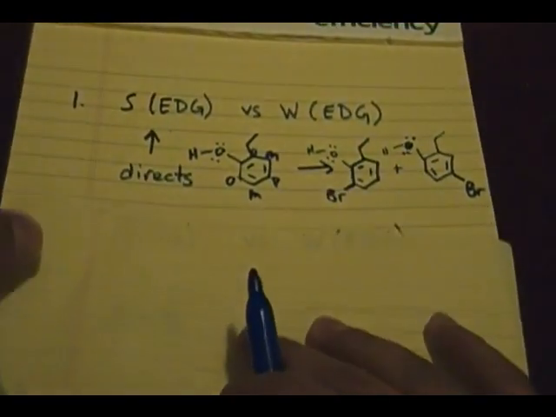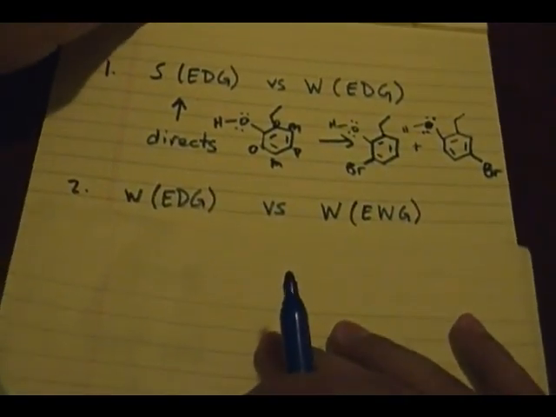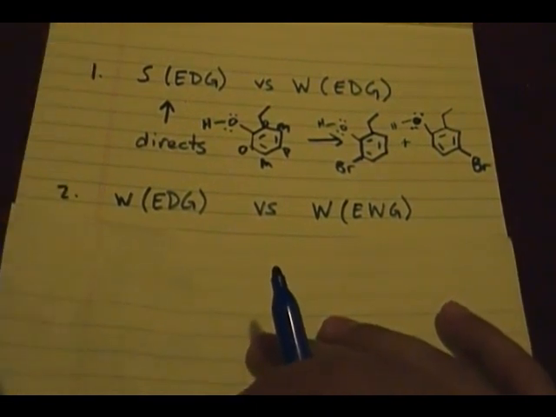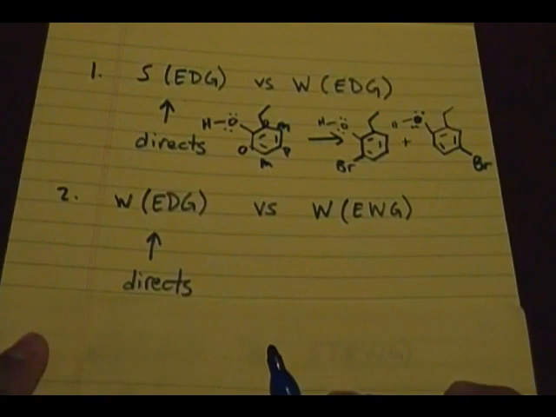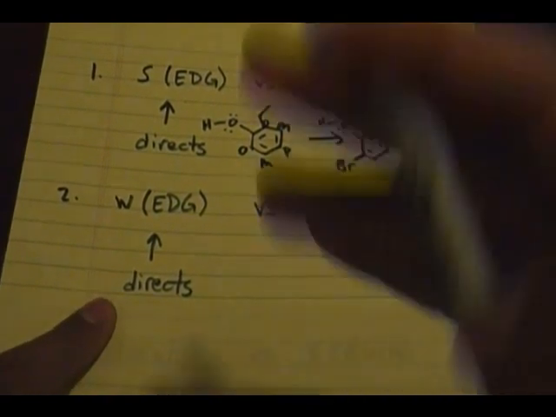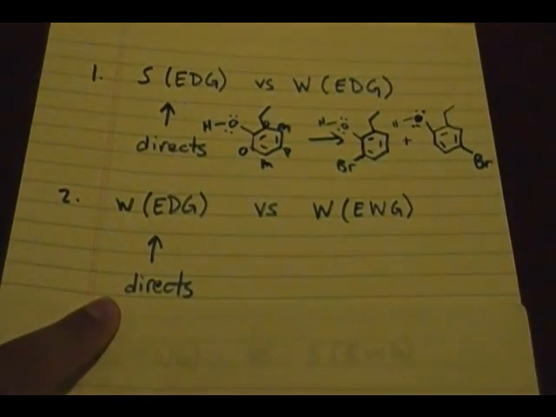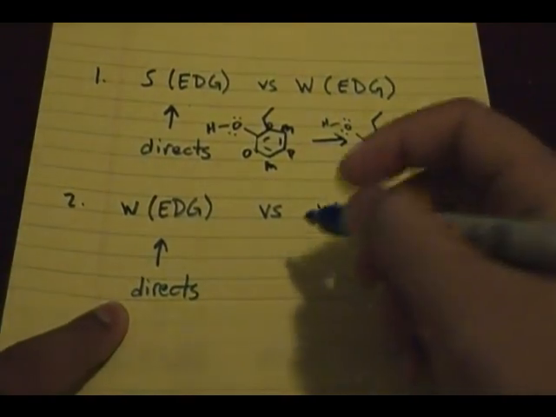Now the next one. What if you have a weak electron donating group and a weak electron withdrawing group? The weak electron donating group will direct the position of the incoming substituent. And again, I'll be talking about halogenation.